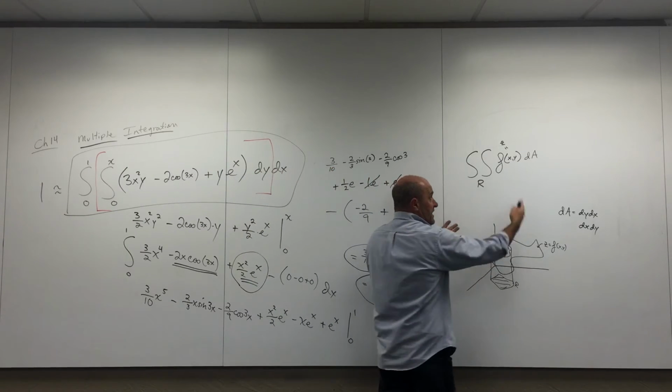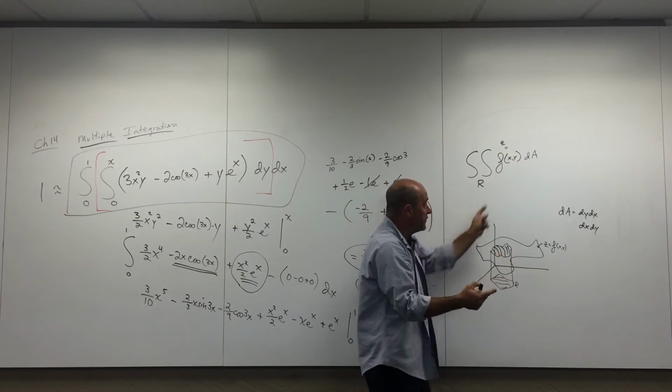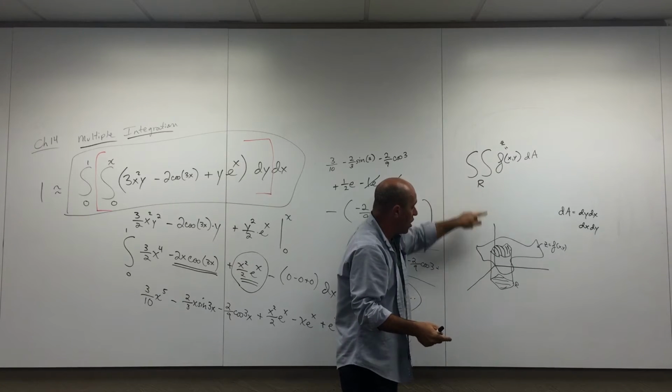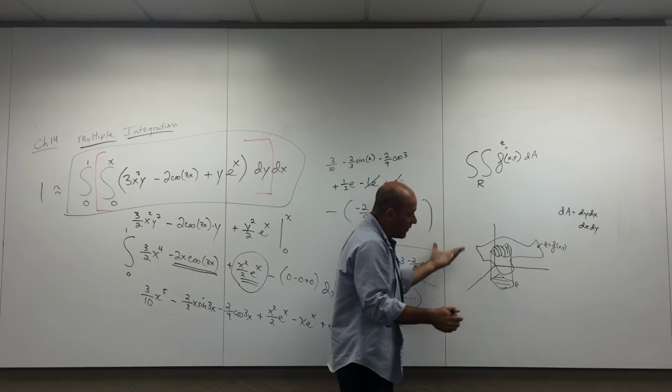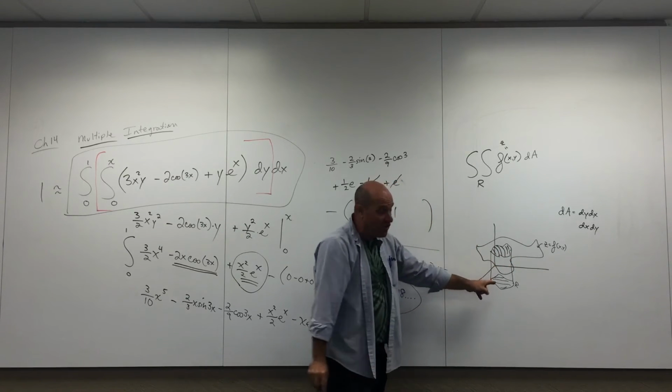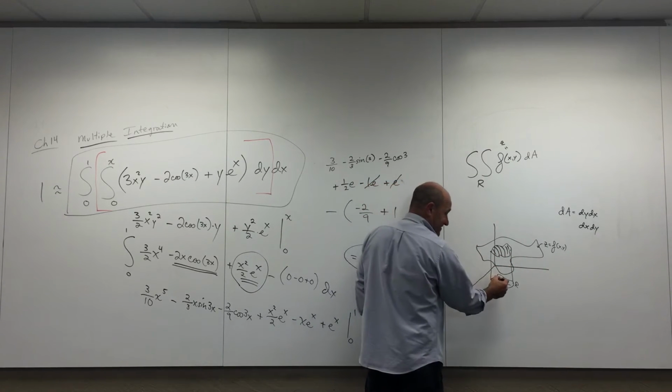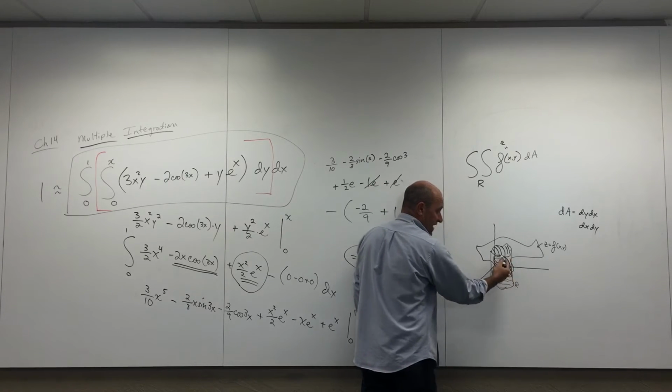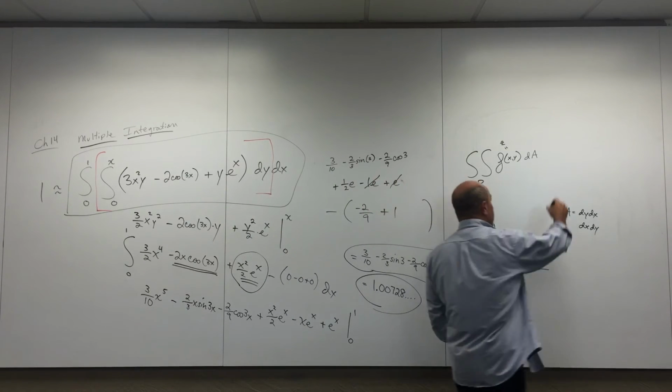So we're integrating a 3D surface with respect to the area of the region R in the xy plane. What we're finding when we do all this is the volume of that thing, whatever that thing is. I'll tell you what this is.